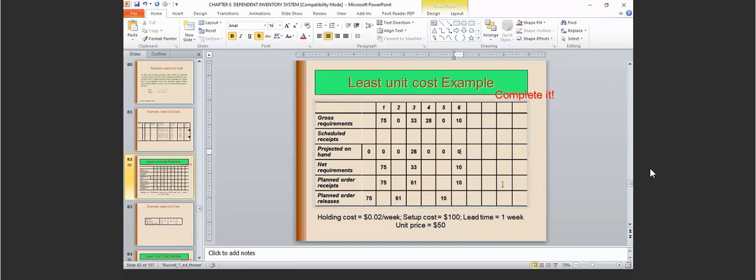So we complete our MRP with the least unit cost by determining the order quantity based on the total relevant cost per unit.